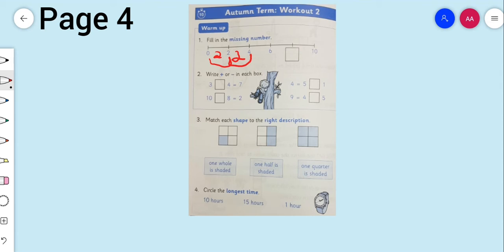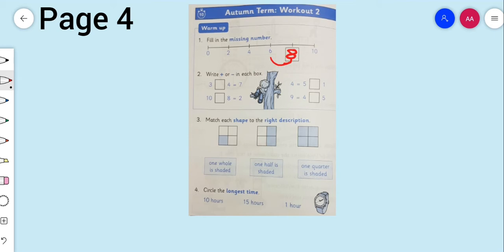And between 4 and 6, 4, 5, 6. It's also 2. And then we know all of them are 2, so 6 plus 2 is 6, 7, 8. So which means 8 comes here.